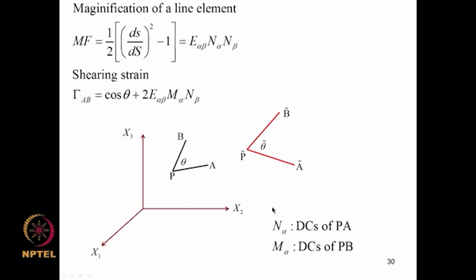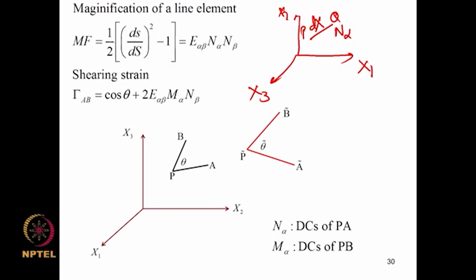Now, we can also show the magnification of a line segment. If there is a line segment PQ with direction cosines n alpha, upon deformation, if I define a quantity known as magnification factor as (ds by dS) whole square minus 1, you can see that this is nothing but (ds minus dS) whole square divided by dS square, and this is defined as the magnification factor of a line element.